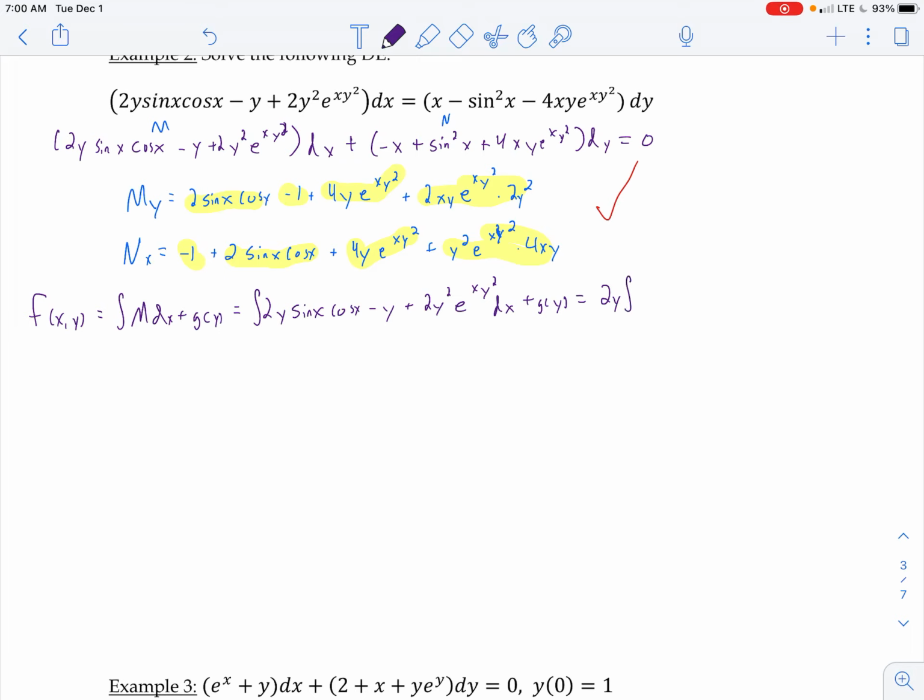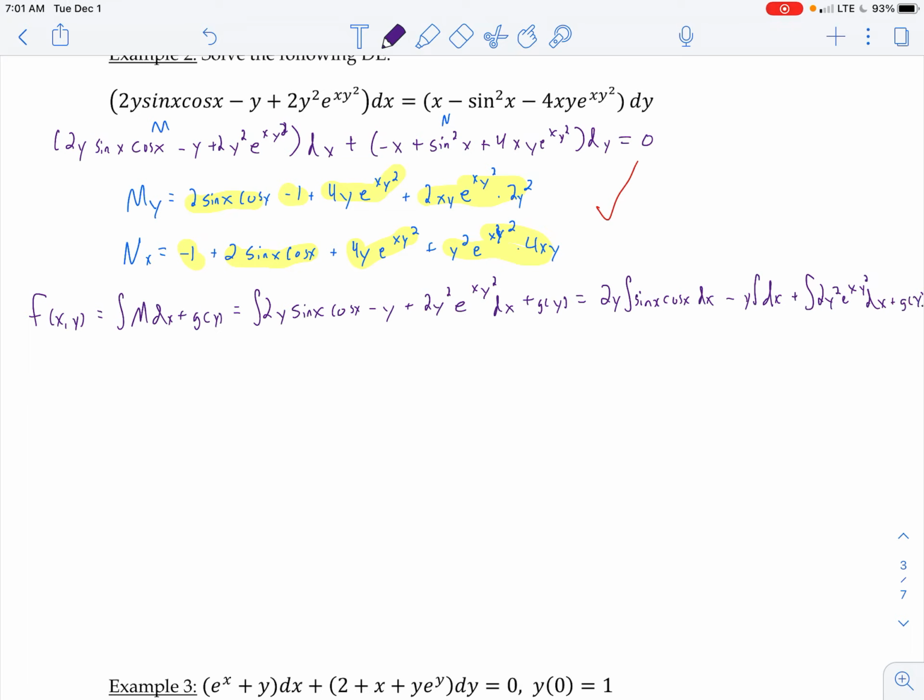So 2y times the integral of sine x cosine x dx, minus y times the integral of dx, plus, and I'm going to keep this inside, there's a reason why, the integral of 2y squared e to the xy squared dx, plus g(y).